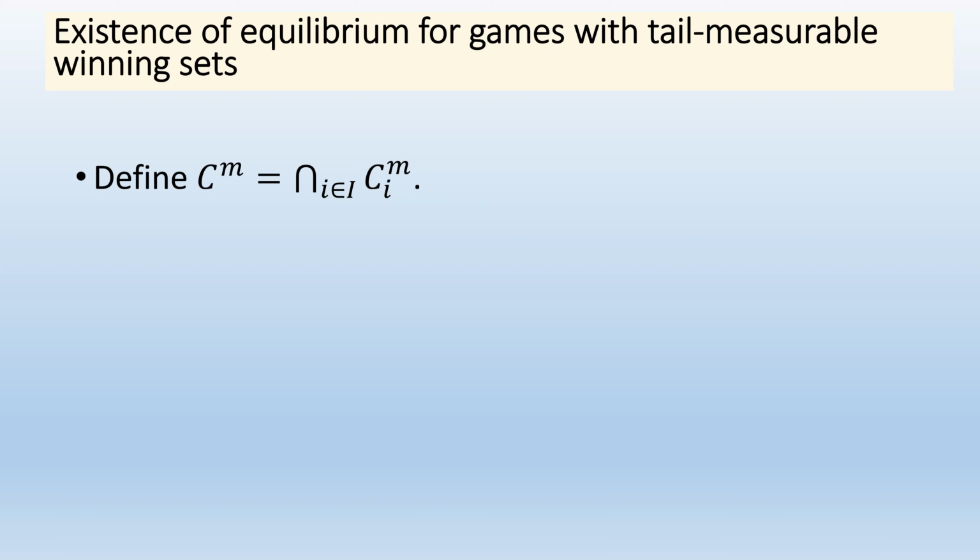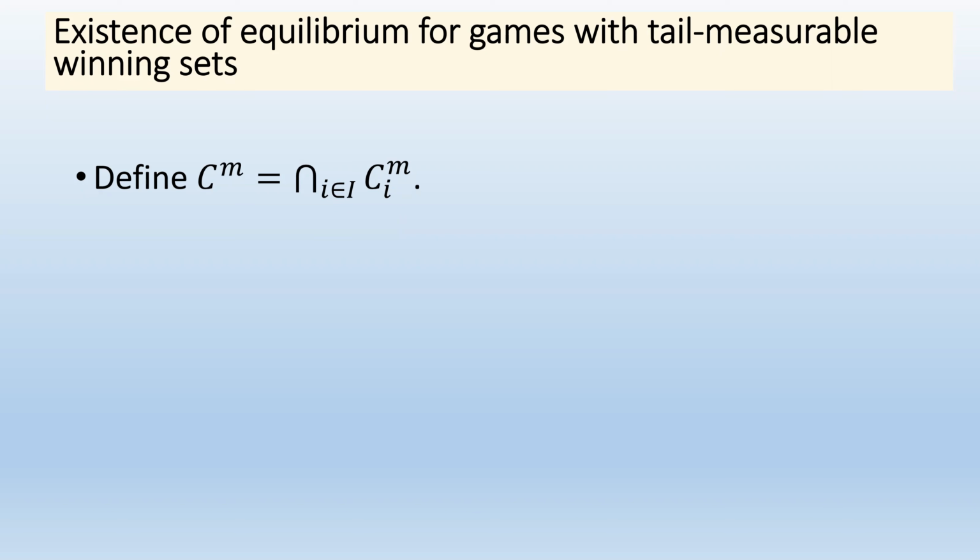Now, let's think about the set CM. Let's think of a finite game, a game of M periods, where each player tries to get into the set CIM. Okay, so this is a finite game. And in a finite game, here we use the assumption, by the way, that the set of actions is finite, we know that there exists an equilibrium.